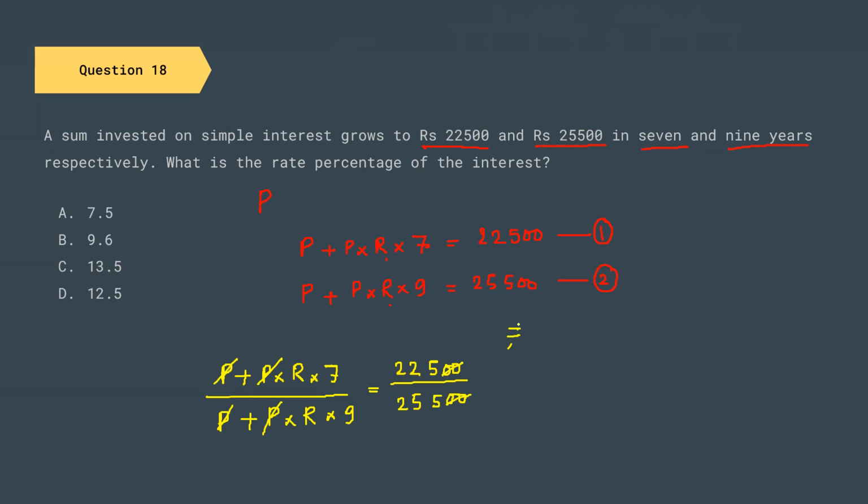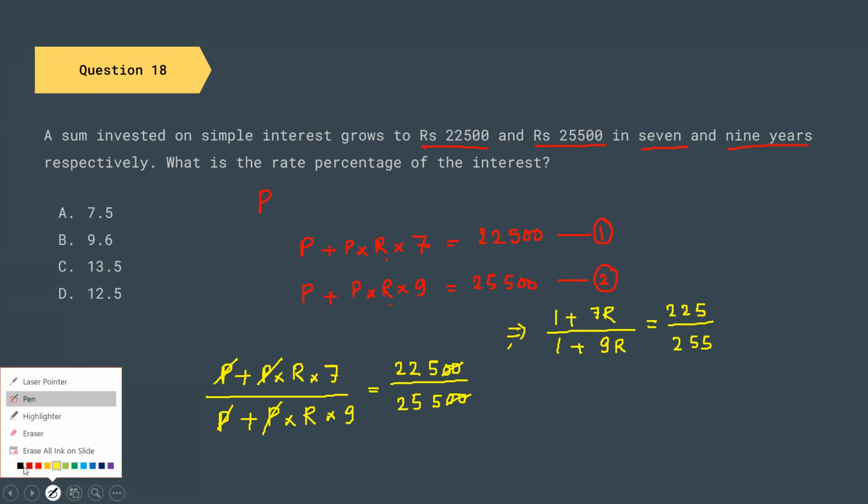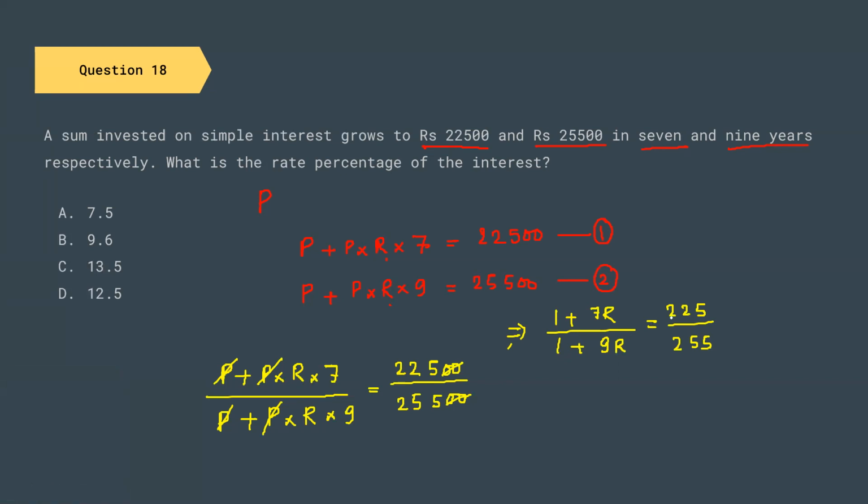So that gives us 1 plus 7R divided by 1 plus 9R equals 225 divided by 255. Understood? So now, 15 into 15 is 225.